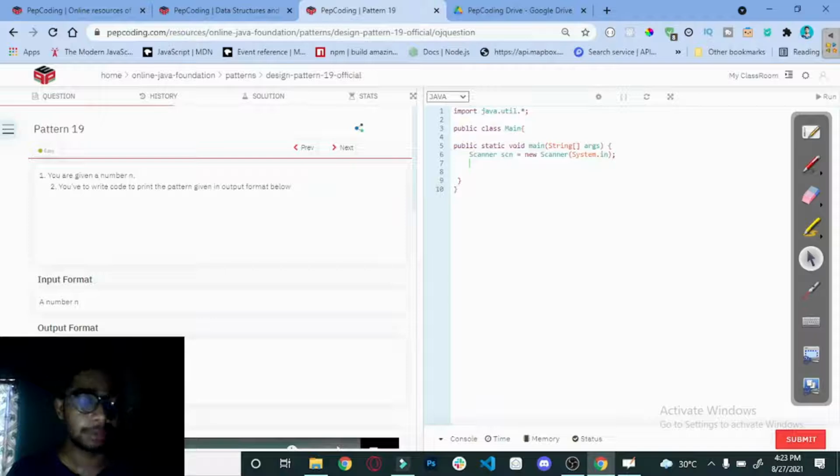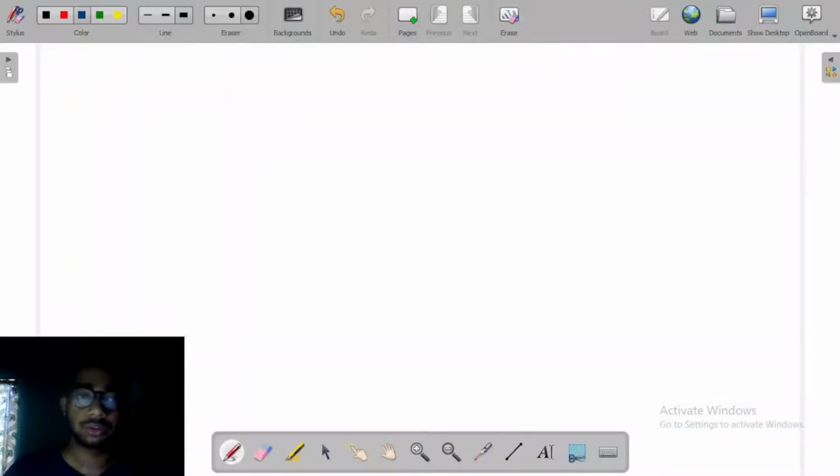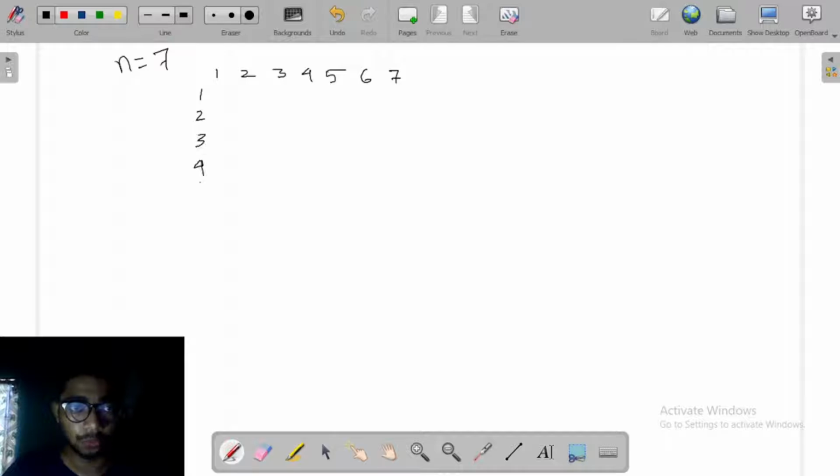For solving this pattern, let's draw it for n is equal to n. Think that n is equal to 7. Now draw this swastik pattern: 1, 2, 3, 4, 5, 6, 7. Then here 1, 2, 3, 4, 5, 6, 7.